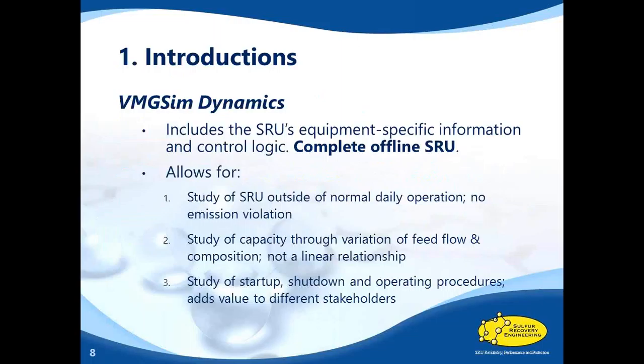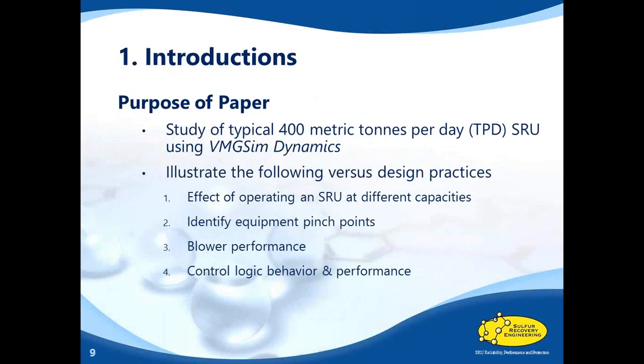And so to hone in on a particular case, we'll be focusing on the paper that we presented at SOGAT. The purpose of the paper was to determine the effect of changing feed on the equipment performance of a 400 tons per day SRU.